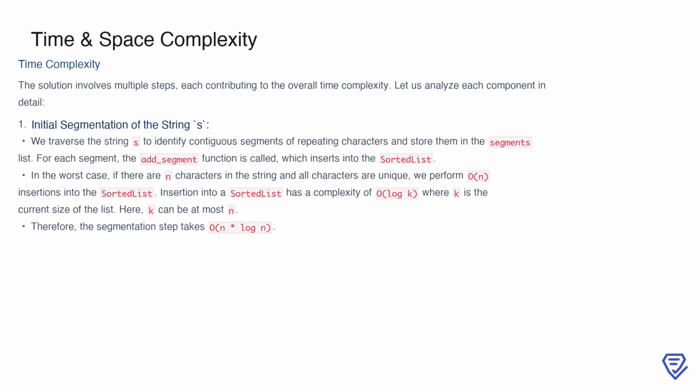Now, insertion into a sorted list has a time complexity of O(log k), where k is the current number of segments in the list. In the worst-case scenario, with n total characters in the string and all of them being unique, we would need to perform n such insertions. This makes the segmentation step take O(n * log n) in total. This analysis establishes the time complexity for the initial setup of our problem.